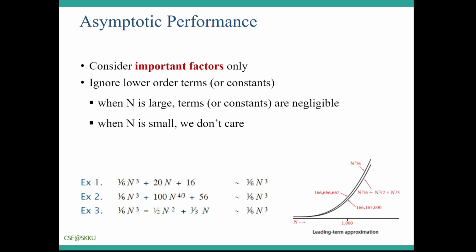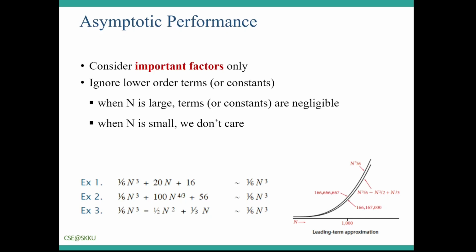We say Fn is in big O of Gn if and only if there exist positive constants C and N0 such that Fn is less than or equal to C multiplied by Gn for all n greater than or equal to N0.